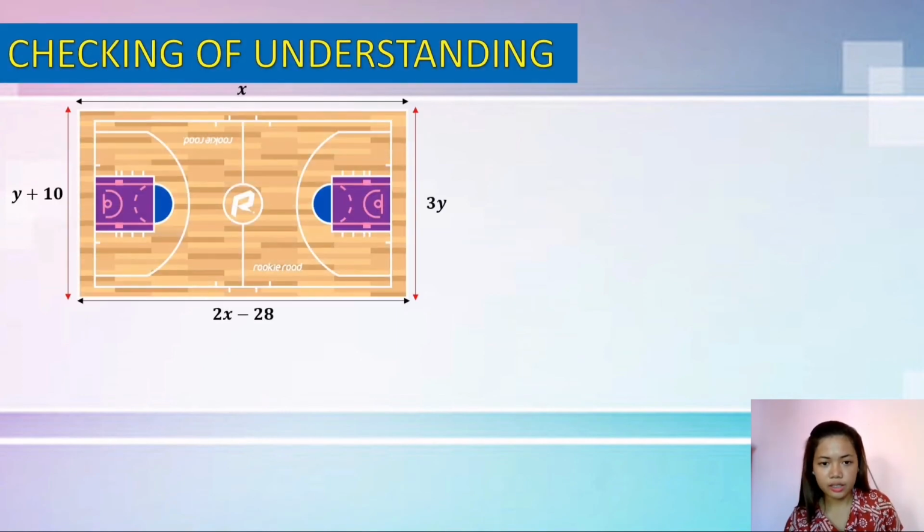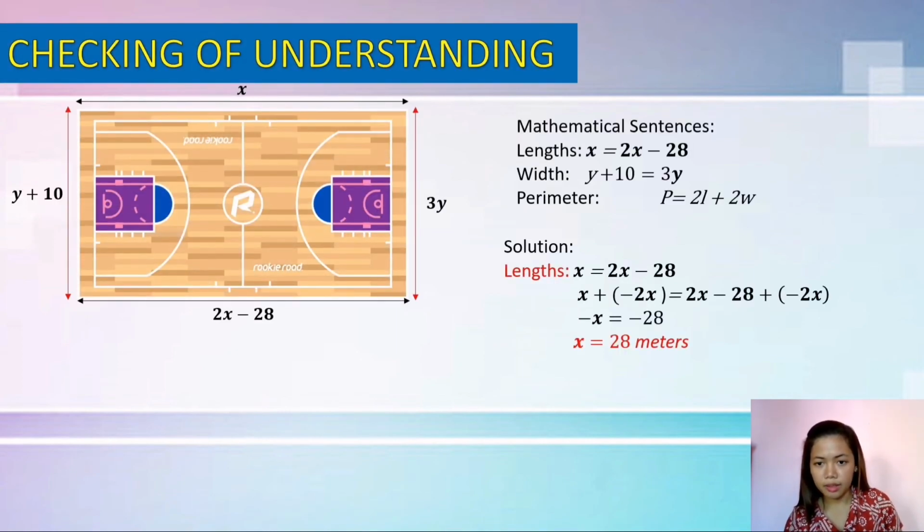Now let's start solving our mathematical sentences. Let's deal with the lengths first. We will apply the addition property of equality, wherein we get the additive inverse of 2x, which is negative 2x, so that we can eliminate 2x on the right side of our equation. Adding negative 2x to 2x gives 0, and what remains is negative 28.